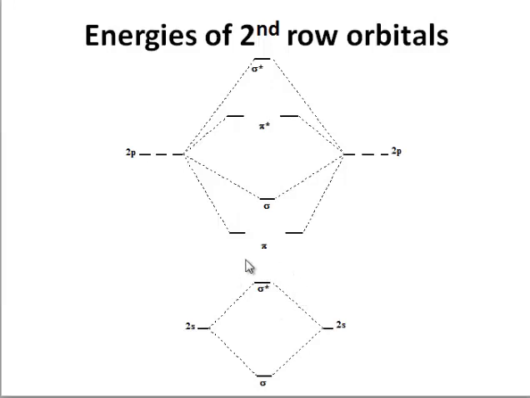So diatomics made from the second row will have electrons in an orbital situation like this. Well, there are some differences in energy for different diatomics, but we'll assume for this lecture that they all fall into an orbital distribution like this.